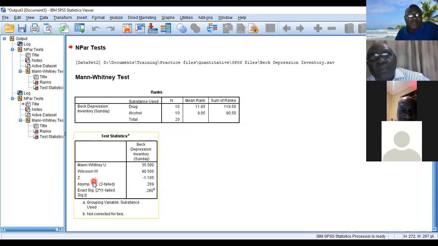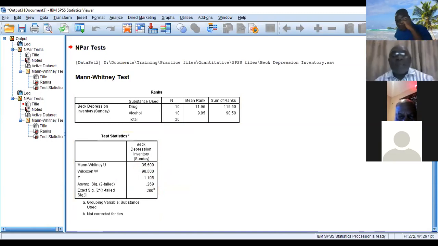Can you see that? That one is not significant, because the Mann-Whitney U is 35.5 and the Wilcoxon W is 90.5. Does it make sense?